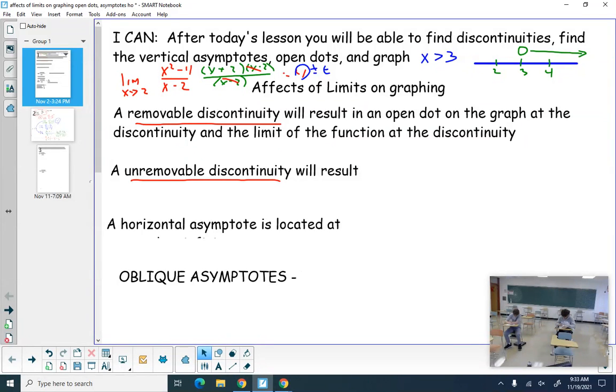If it's removable, what you're going to get is that open dot, because as we've talked about limits throughout all this information we've talked about before, you get that delta away from the value, but you're never achieving that value. We're never achieving the x value of 2, even though the first property of limits is substitution.